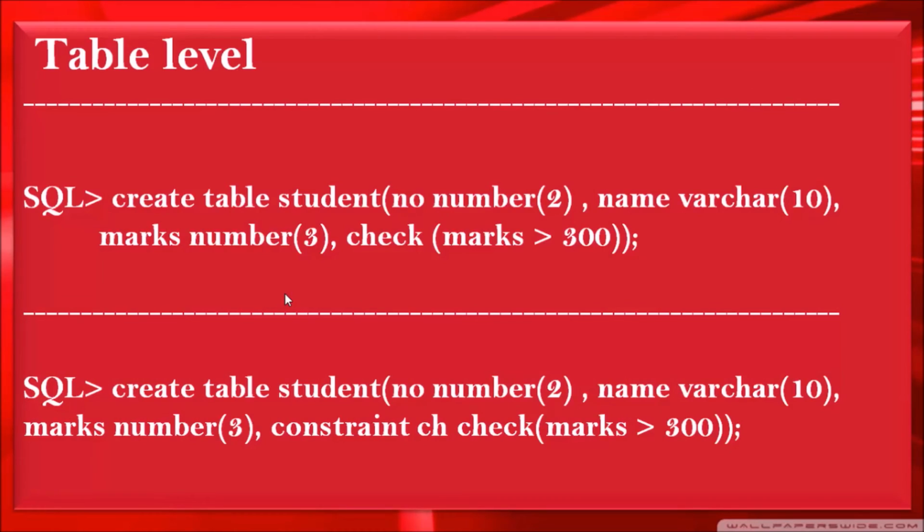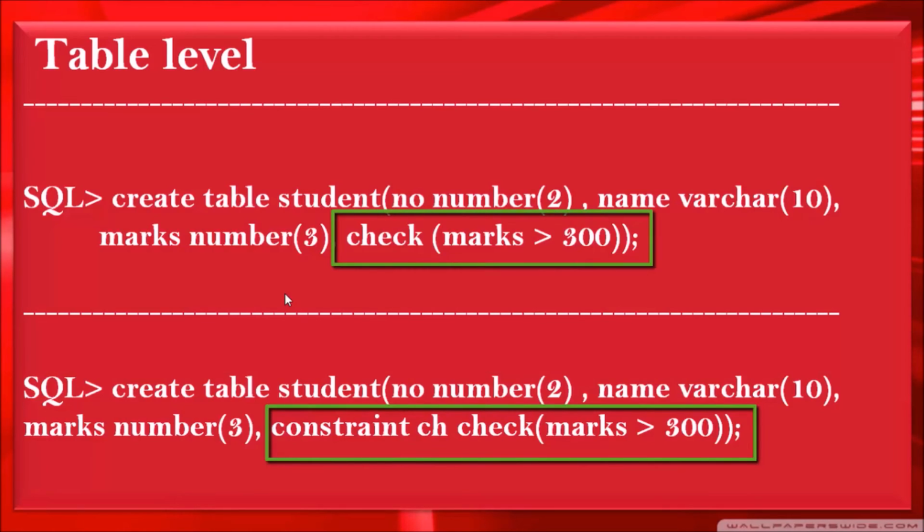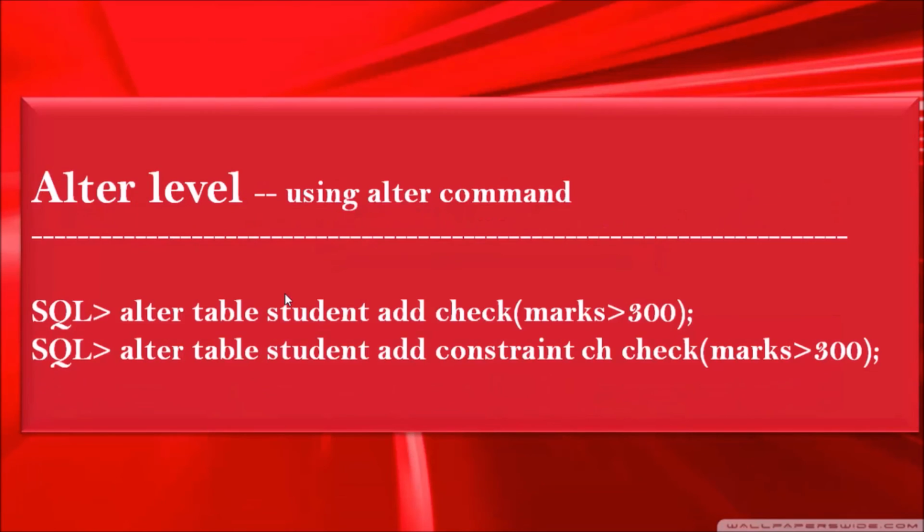Table level constraint: we can define it after the table definition. Here you can see the marks column we already specified, and after completing all column definitions we define a check constraint on the table. Alter level constraint: we can define it using the alter command in the following way.